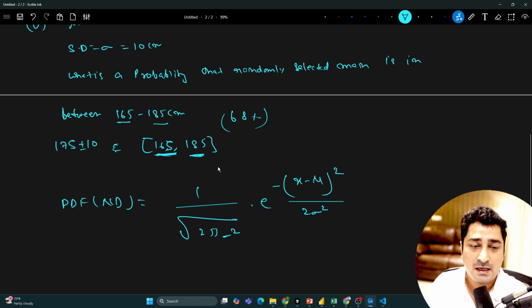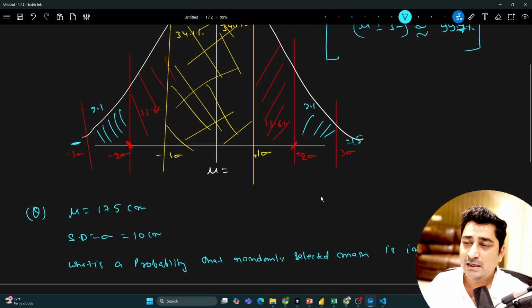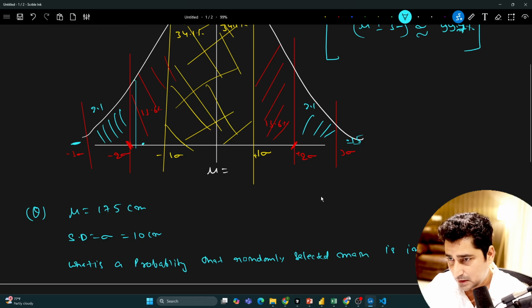So this is basically the PDF for a normal distribution. This formula gives you the height of the curve for a given input. At any point of time, it is going to give you the height of the curve.